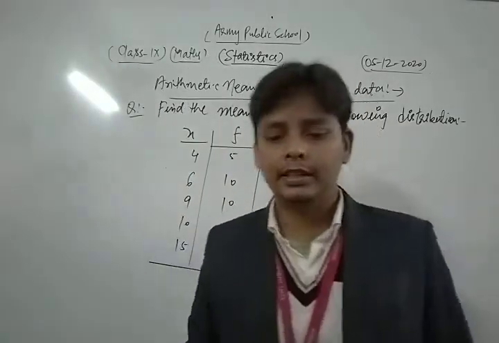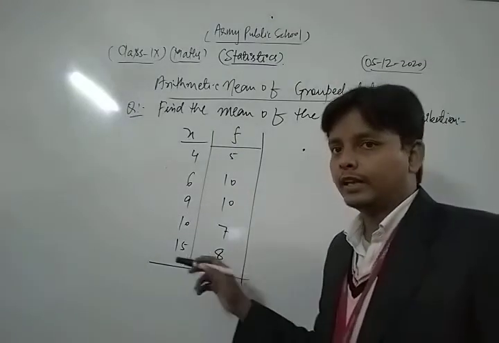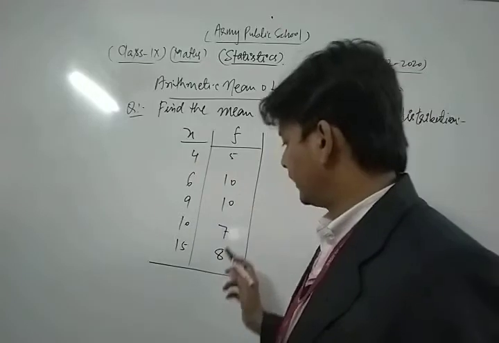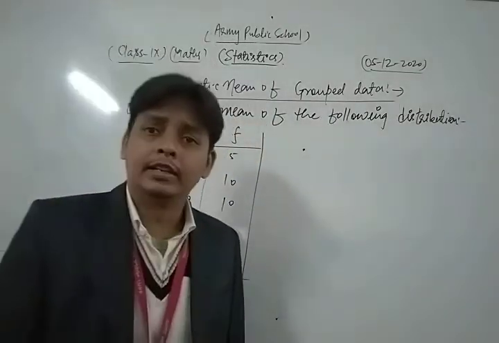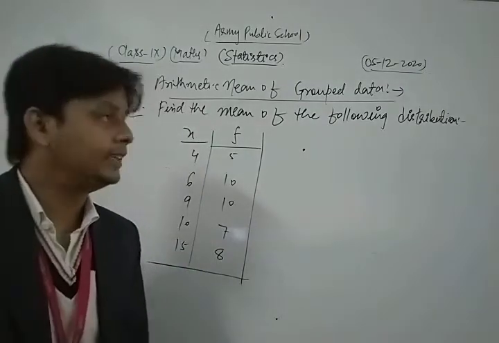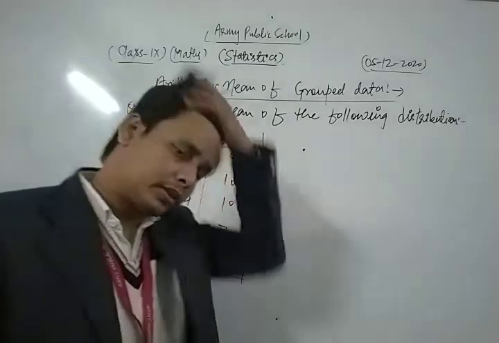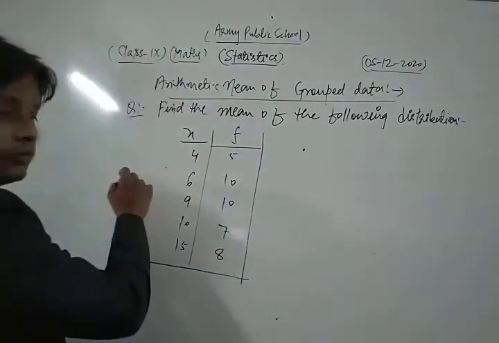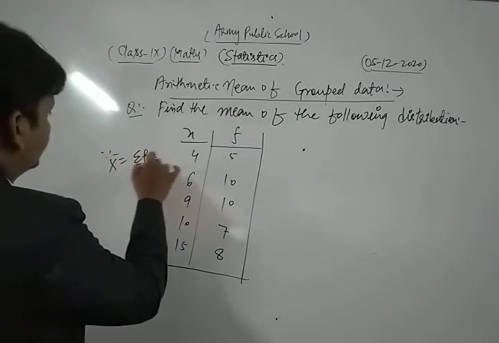What do we find in this question? We find the mean of the following distribution. Here this is the set of variables and their corresponding frequencies are given as 5, 10, 10, 7 and 8. We know the formula for the mean is sigma f x upon sigma f.